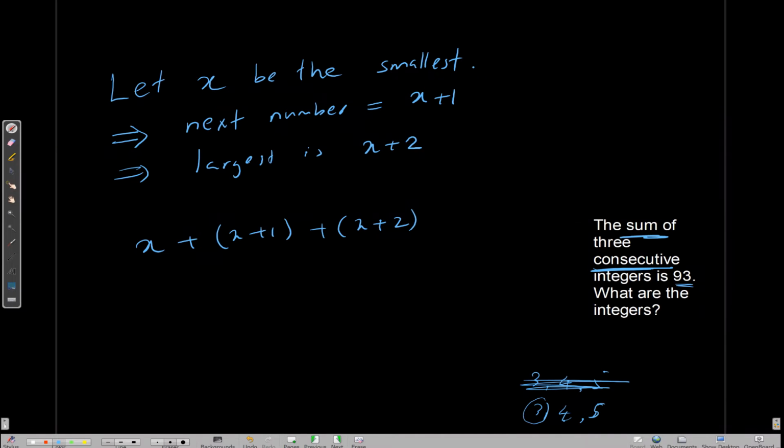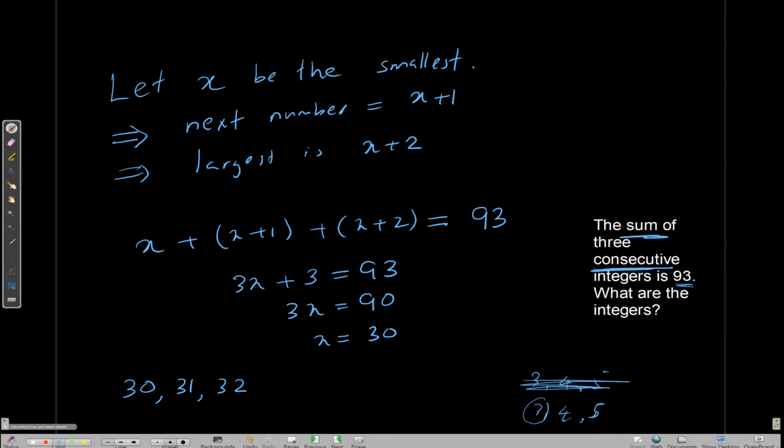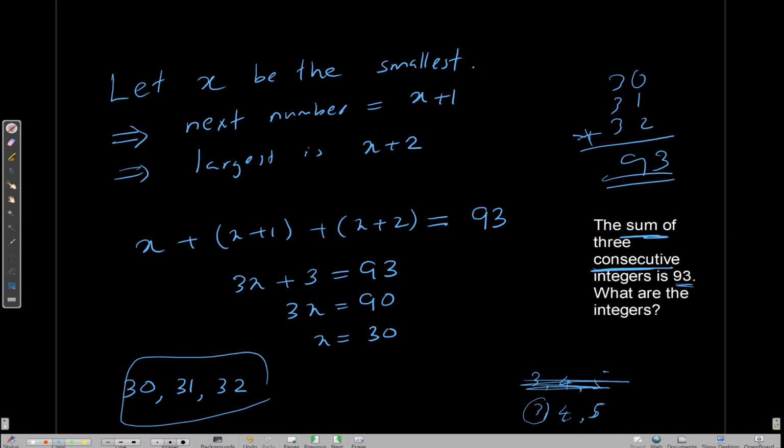Because the sum of three consecutive numbers is 93. Now 1x plus x, so I get 3x, and then I have 1 plus 2, so 3, equals 93. When I simplify, this is 90 and x equals 30. You can quickly check. So 30, 31, and 32 are the numbers. If you add them, are you getting 93? Yes, see? And we are done, and that's correct.